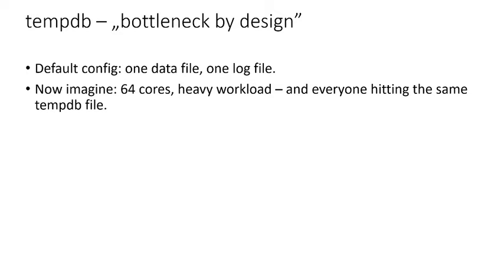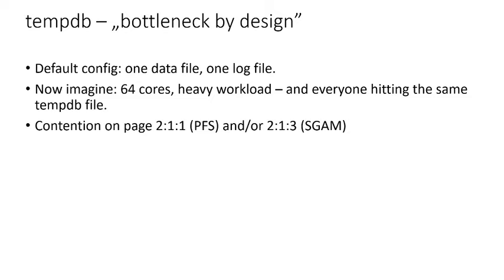You can have thousands of users playing with the application, and the application requires creating some temporary objects in TempDB. So 64 threads at the same moment are trying to hit one data file, and they get blocked. Only one of the threads can access the file and put some information in it. The remaining threads have to wait. This could be one of the reasons that your query is slow. This is called resource contention, and there is some more technical information about where the contention occurs.